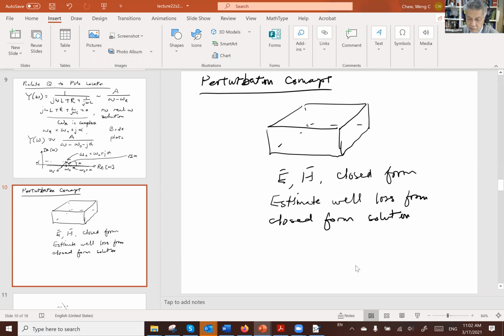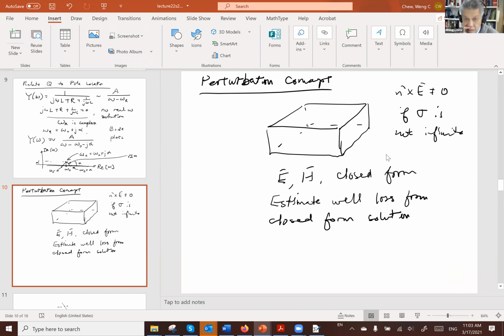If the conductivity is infinitely large, then there's no wall loss because we have a perfect electric conductor on the wall of the cavity. Okay. And then we assume that the conductivity is not infinite. If the conductivity is not infinite, then there will be some wall loss because n cross E is not equal to 0 if sigma is not infinite.